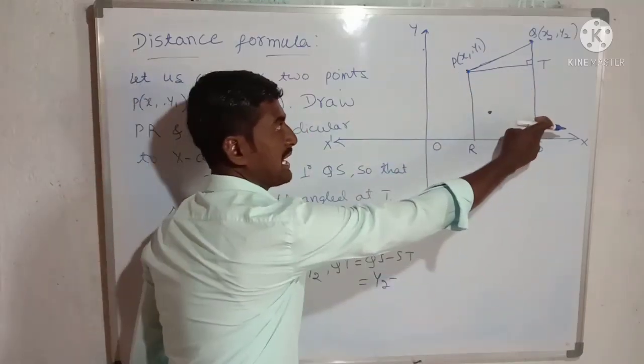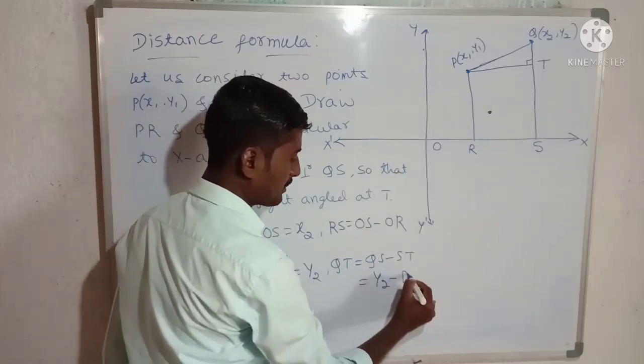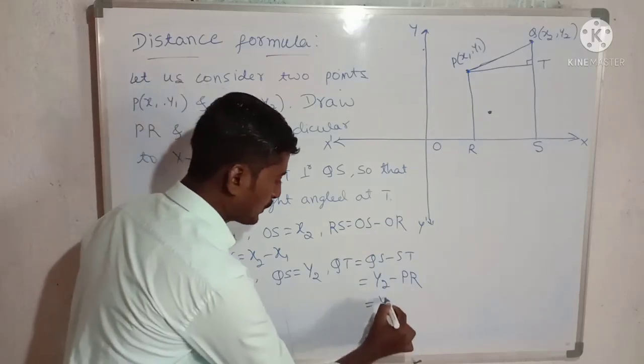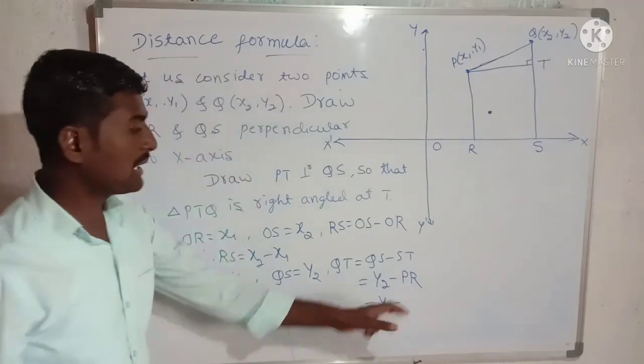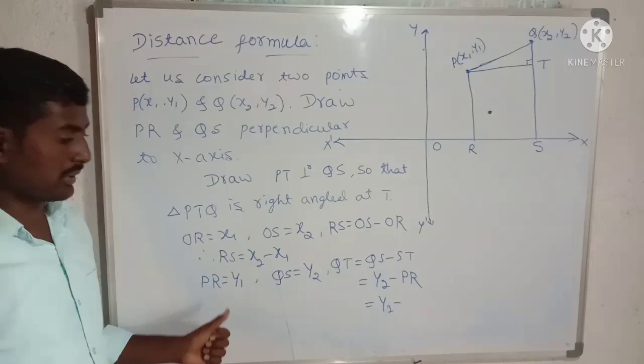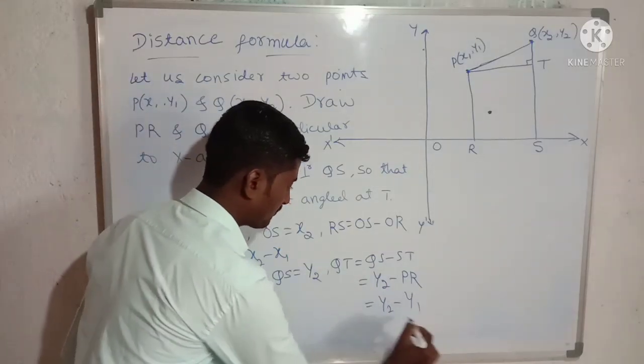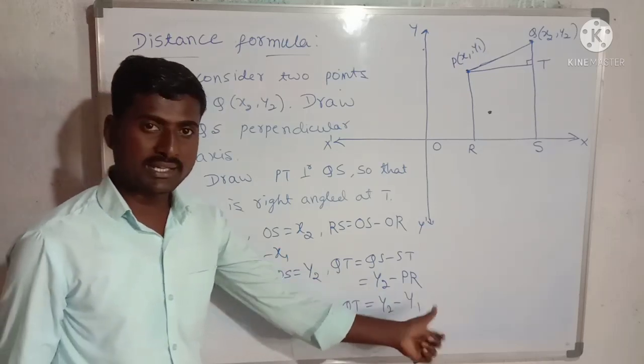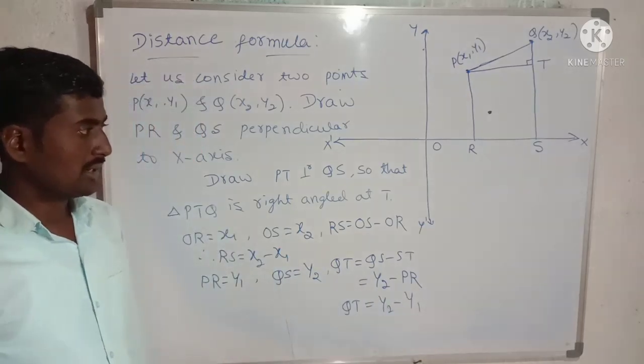In place of ST I can write PR. That is equal to y2 minus the PR value. PR value is y1. So we got the QT value as y2 minus y1.